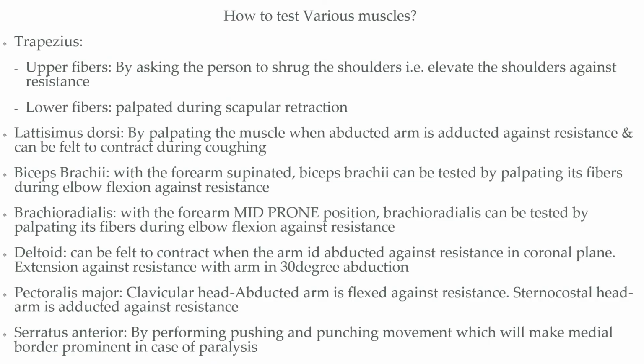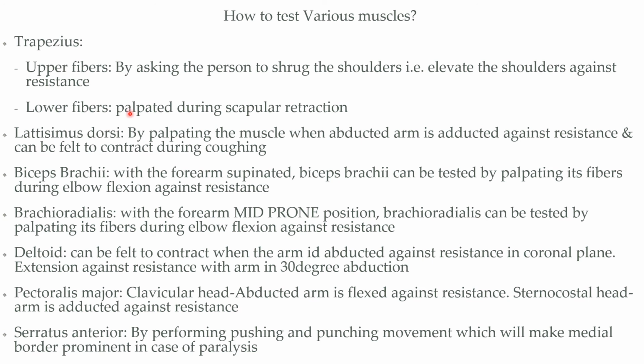Now let us learn how to test various muscles in the body. The principle is that in order to check the integrity of any muscle, we ask the subject to perform the movement which that particular muscle is responsible to produce, and this movement has to be performed against resistance.